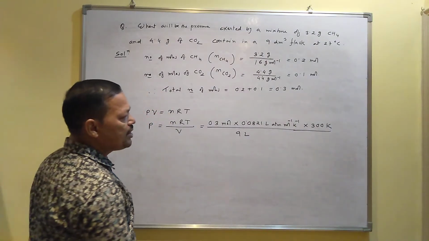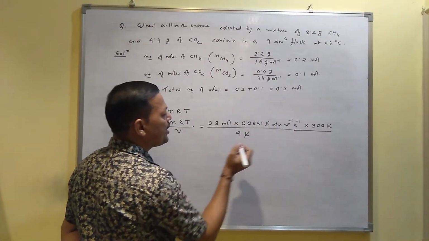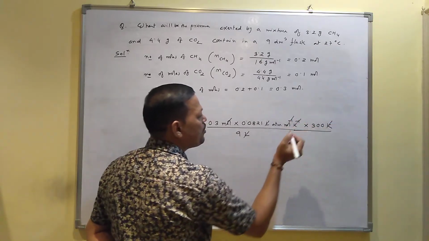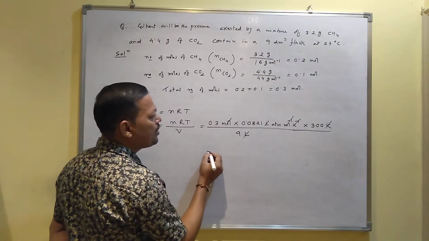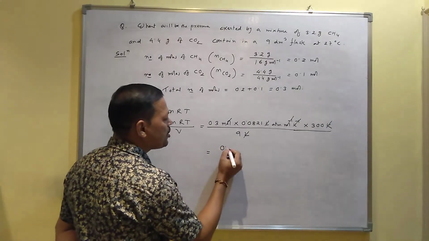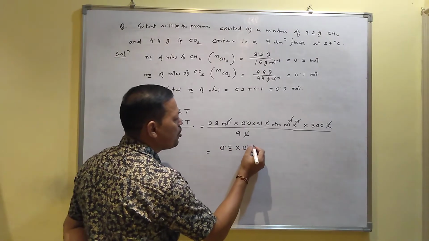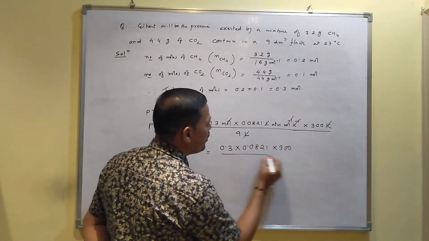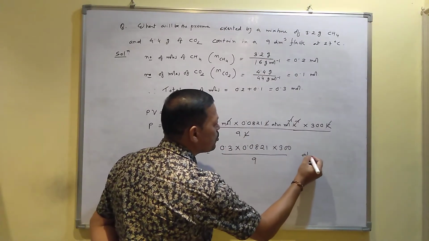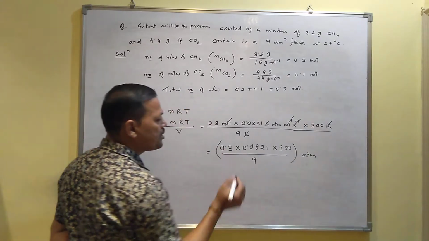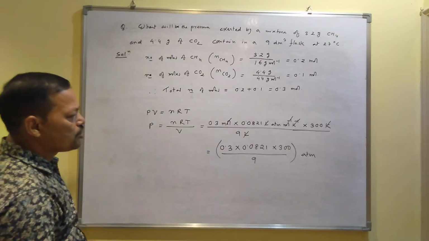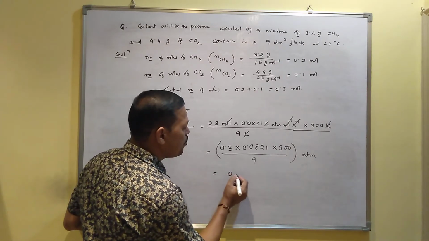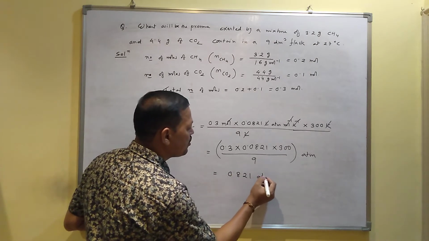Now you see the units: liter is cancelled, mole per mole is cancelled, Kelvin inverse is cancelled, and ultimately you will get atmosphere, which is the unit of pressure. So the equation becomes 0.3 into 0.0821 into 300 divided by 9. When you calculate it, you will get 0.821 atmosphere.